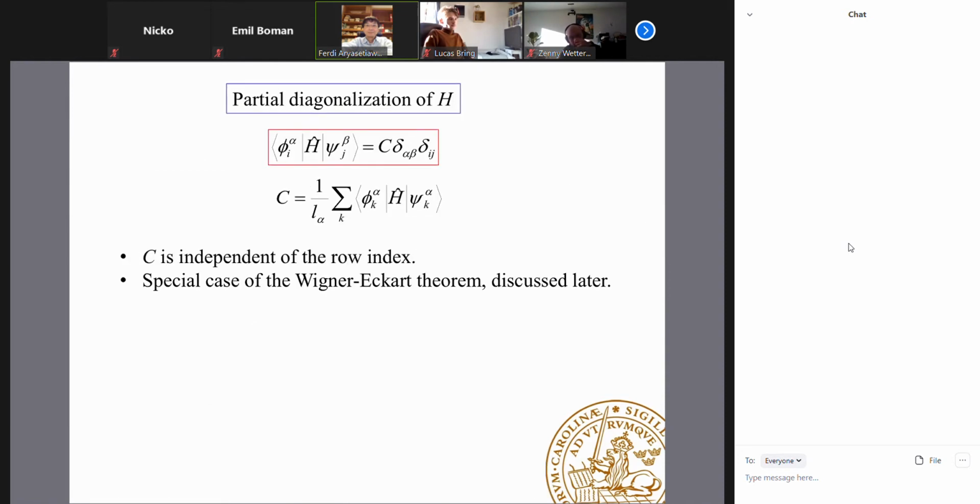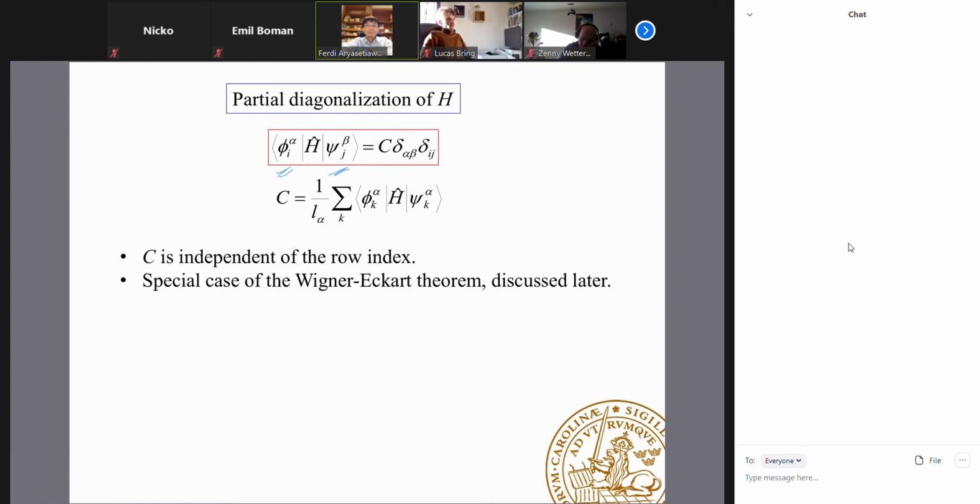Now, as we said in the beginning, we have this very useful result that arises from symmetry: if we calculate the matrix elements of the Hamiltonian between two states, here phi alpha i and psi beta j, and they belong to two different irreducible representations, then the matrix element is 0.